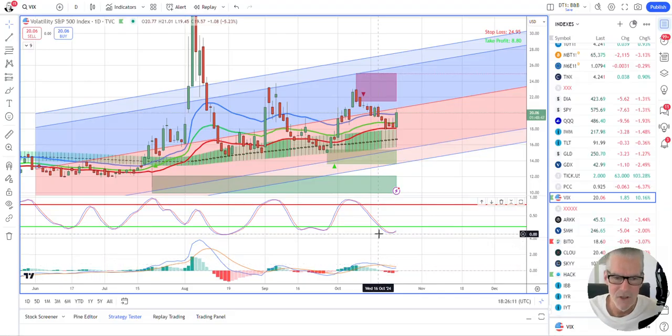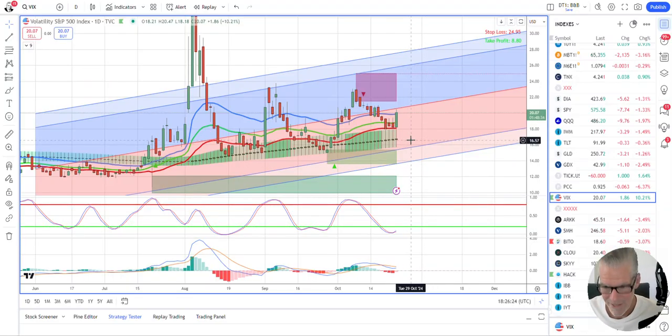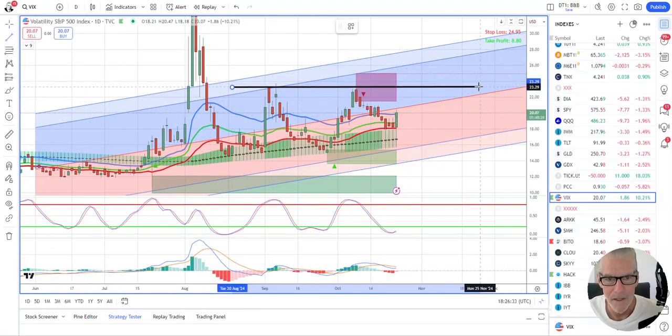So that's the pinch I'm talking about. When stochastics are low and MACD is high, that is, in the absence of other things, a buy signal. Now, the price here is flashing buy. And that's not what we want to see from the VIX. So this is another reason why I think we are probably due for a little more pullback in the market.